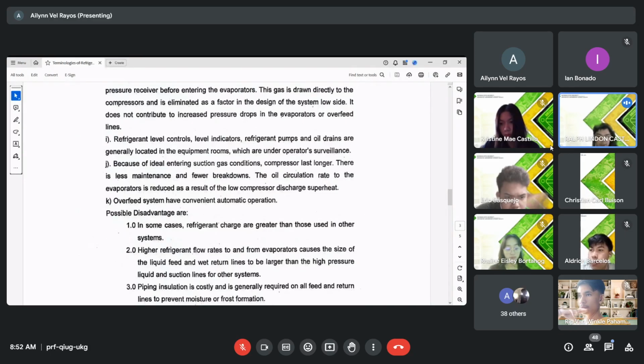There is less maintenance and fewer breakdowns. The oil circulation rate to the evaporators is reduced as a result of the low compressor discharge superheat. Letter K. Overfeed systems have convenient automatic operation.